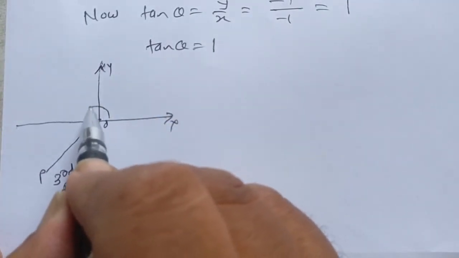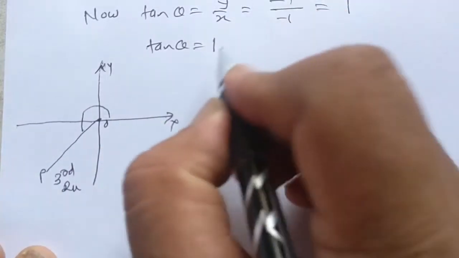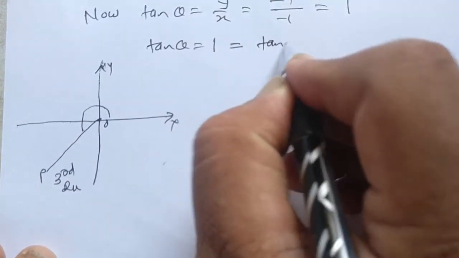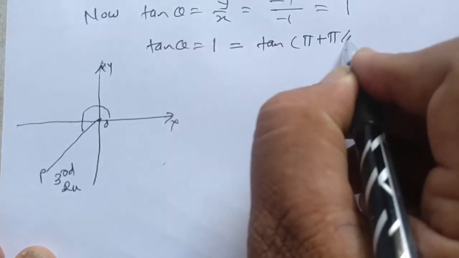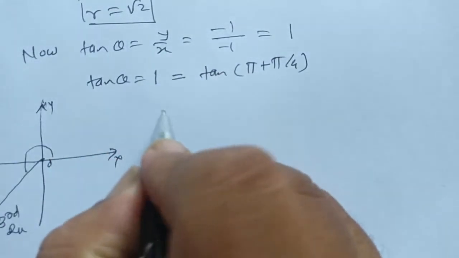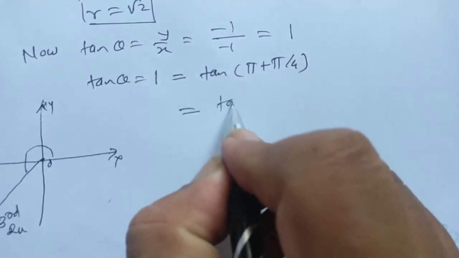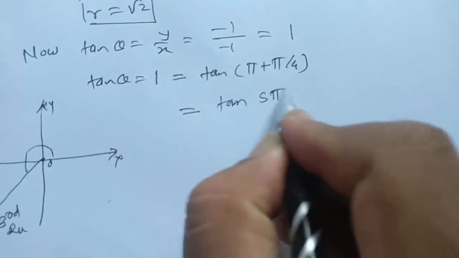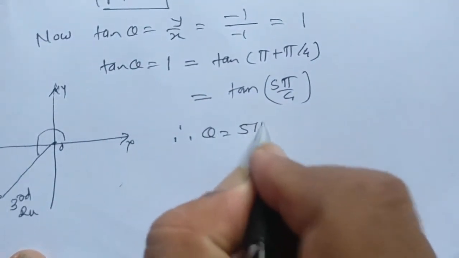So, angle is greater than 180 degrees. Therefore, it is equal to tan of pi plus pi by 4. Tan of pi by 4 is equal to 1. Therefore, it is equal to tan of 5 pi by 4. Therefore, theta is equal to 5 pi by 4.